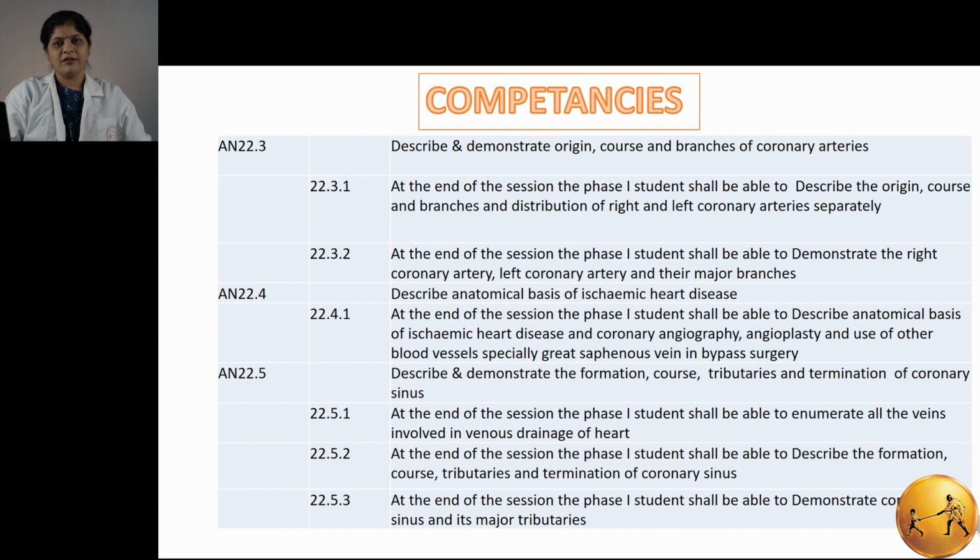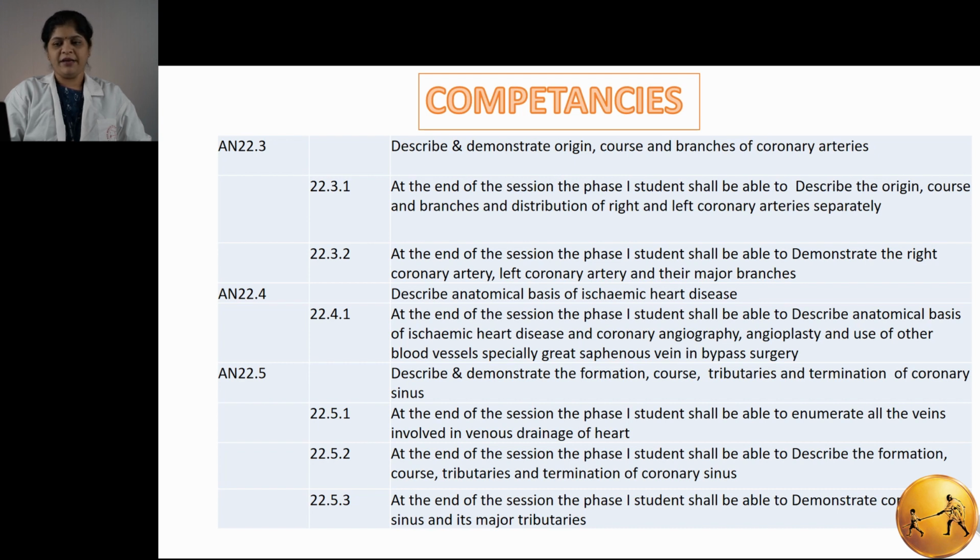The SLO under this competency is 22.4.1. At the end of the session, the phase 1 student shall be able to describe anatomical basis of ischemic heart disease and coronary angiography, angioplasty and use of other blood vessels, especially great saphenous vein in bypass surgery.